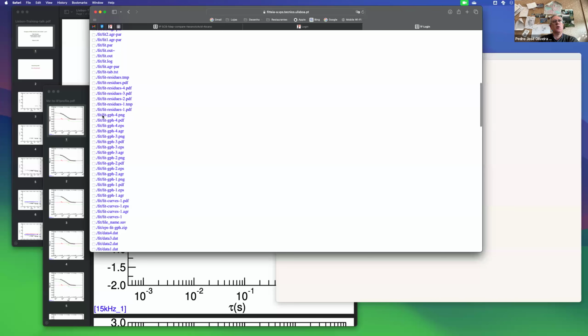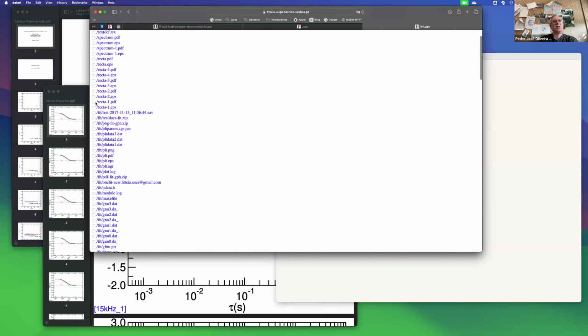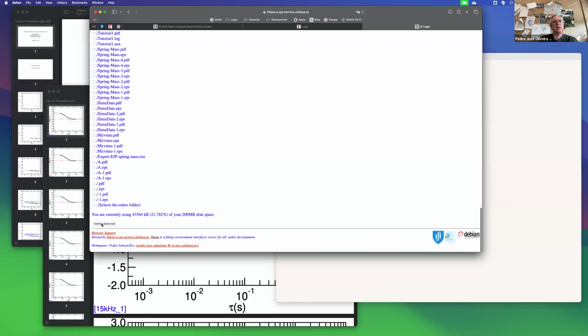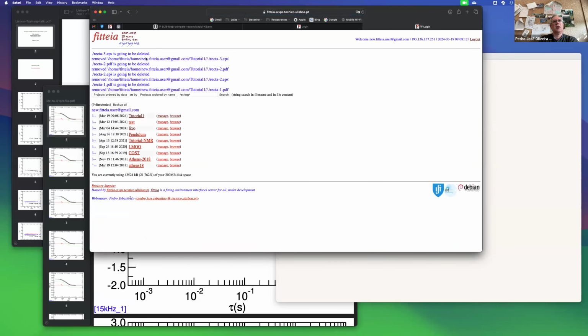Now you have the folder name and the file name, and you are able to select which files you might wish to delete. And if you come down, you can delete the files you selected. It will tell you that the files were deleted. And well, this is a way to clean your area.